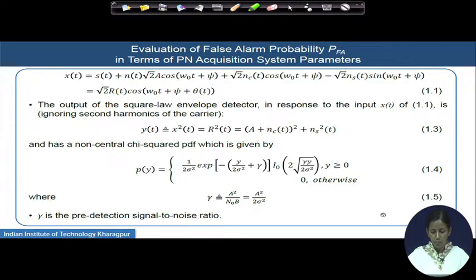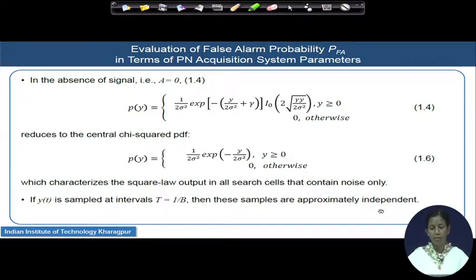Remember, what will happen if my signal is not present? Means the RMS value of this signal, which is given by A, will now be 0.